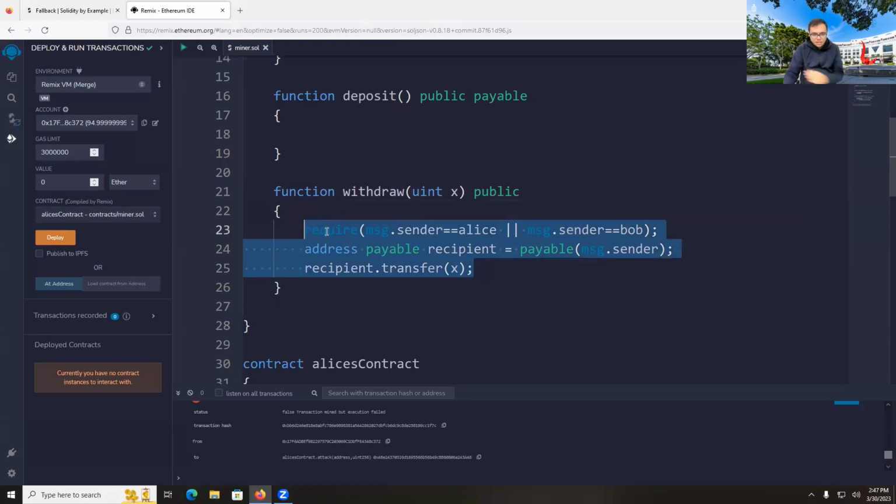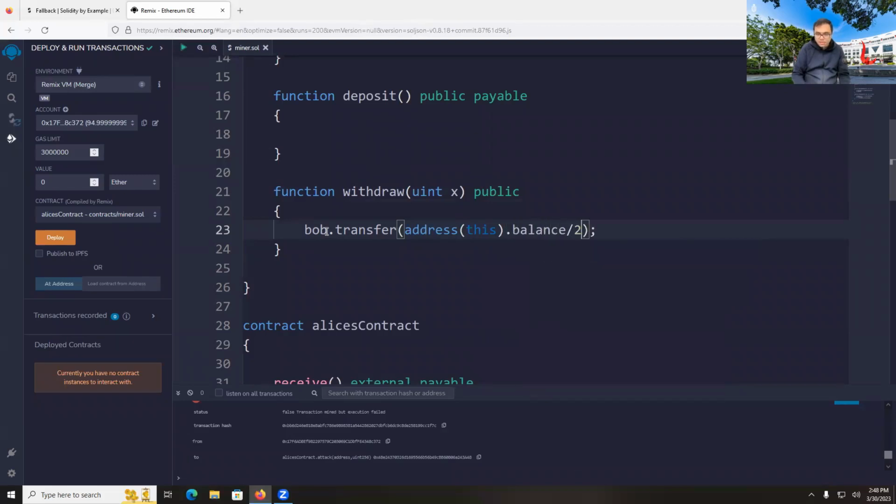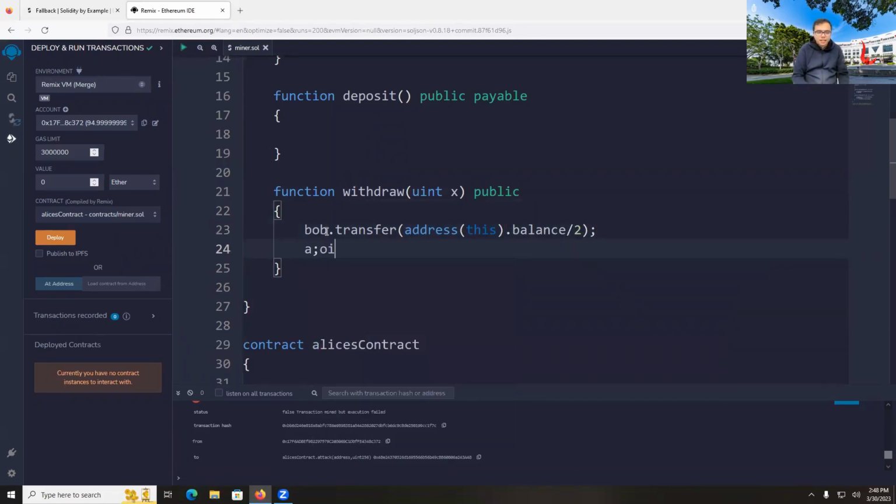So I'm going to say Bob.transfer half of the balance, address(this).balance divided by 2. And then I'm going to send the rest to Alice. I don't have to divide by 2 anymore because this is now the remaining balance.